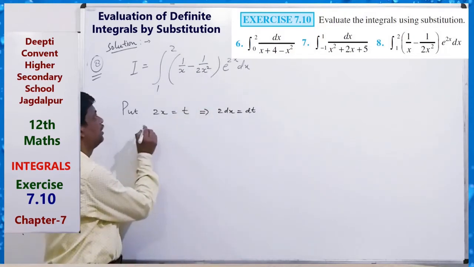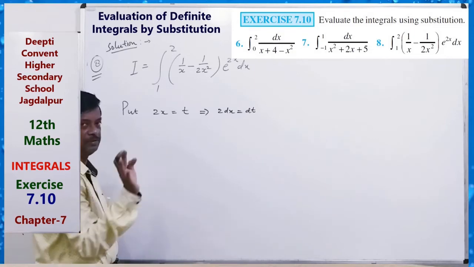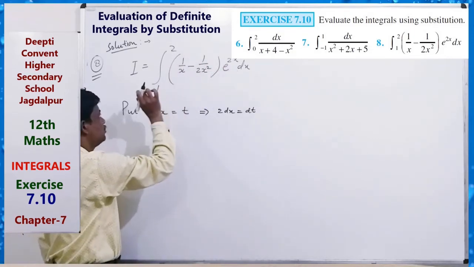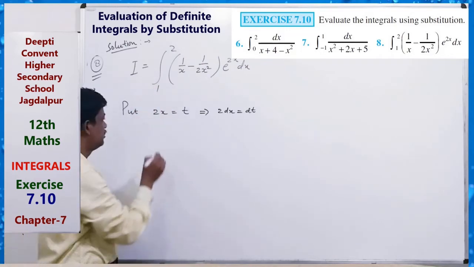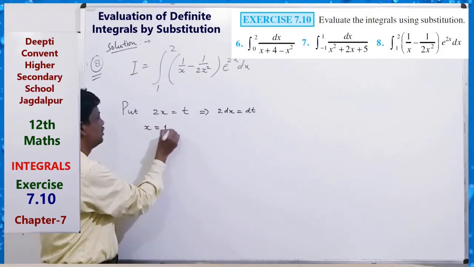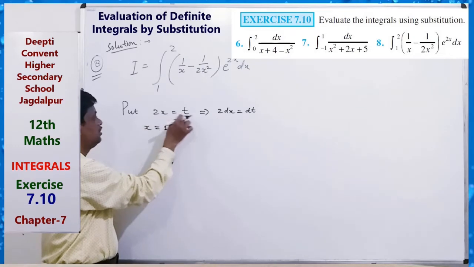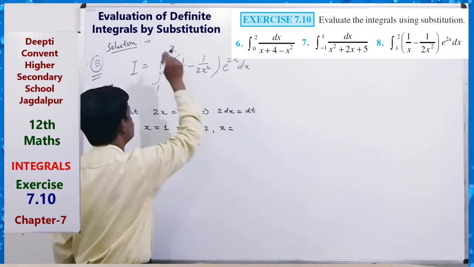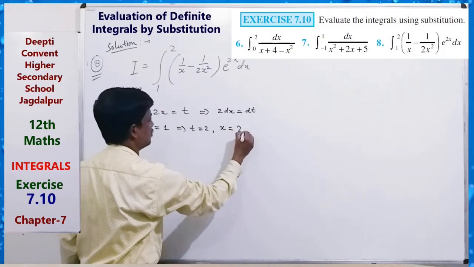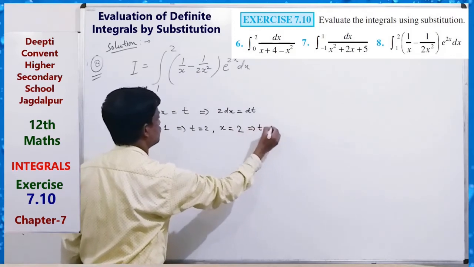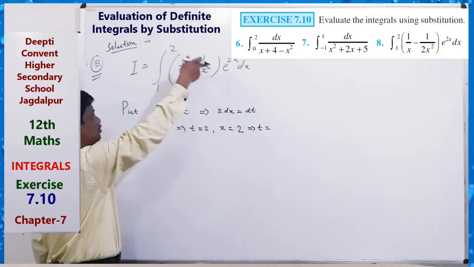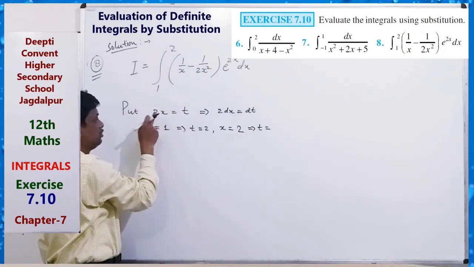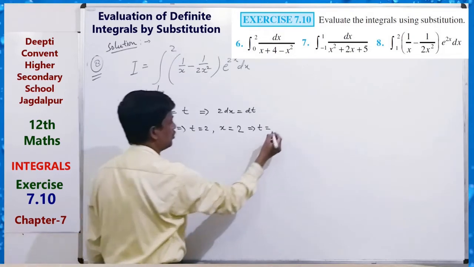Now also find the limit. x equals to 1, t equals to 2, and x equals to 2, t equals to 4.